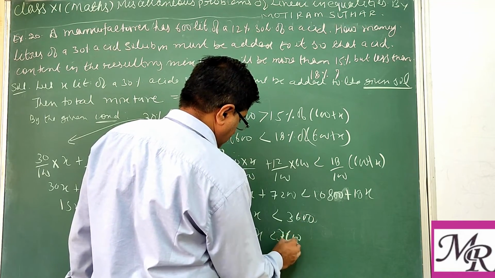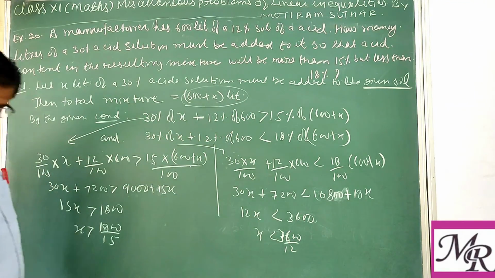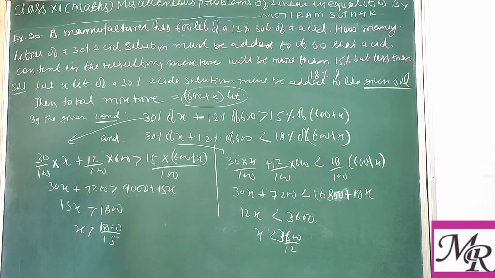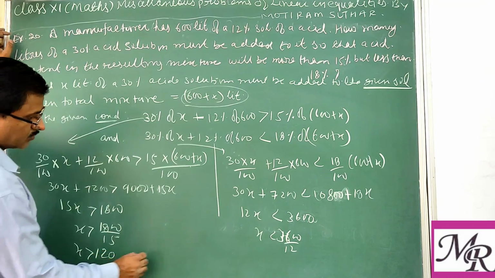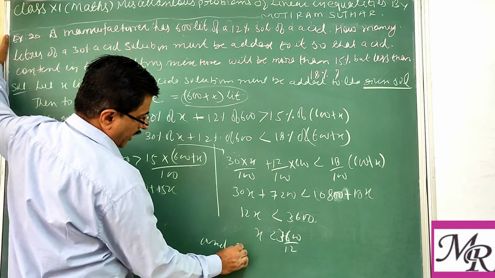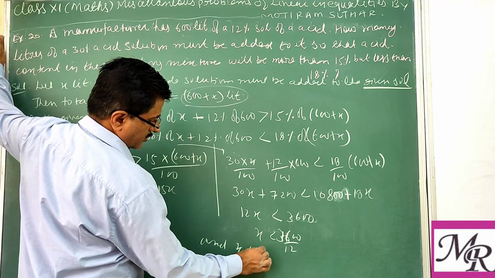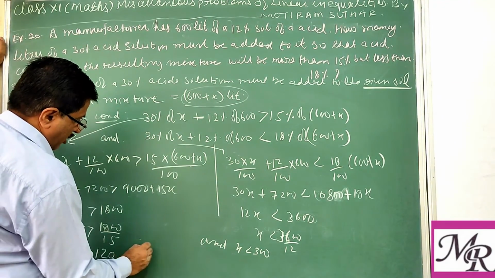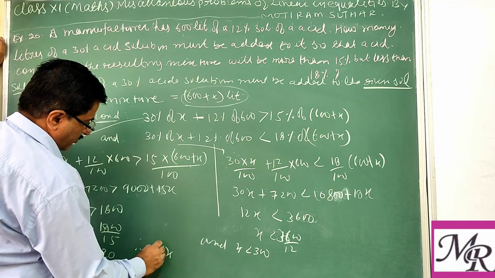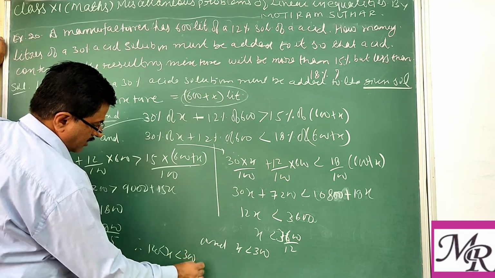So 3600 divided by 12, and this is 300. So x greater than 120. And here x less than 300. So the required range will be, therefore, x is greater than 120 and less than 300.